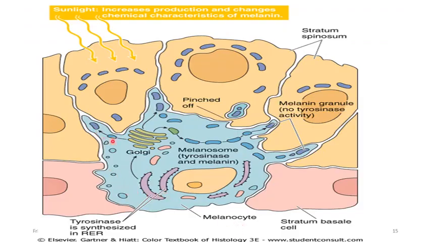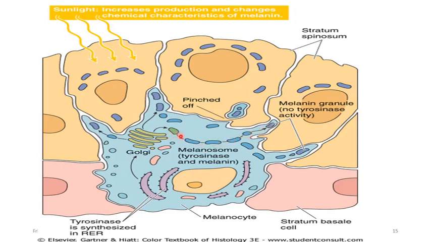We have here, the blue one is the melanocyte, and here we have the keratinocytes of the stratum basale, and here the stratum spinosum. First, the tyrosinase enzyme is synthesized here in the rough endoplasmic reticulum, then transported to the Golgi apparatus to be modified, and tyrosinase is liberated here in the melanosome. Melanosomes represent different stages of melanin synthesis.